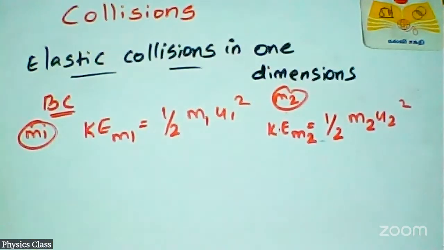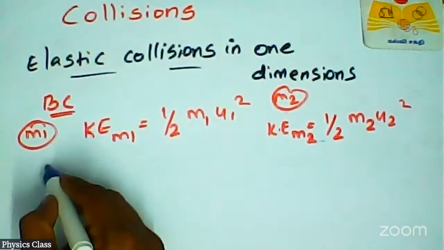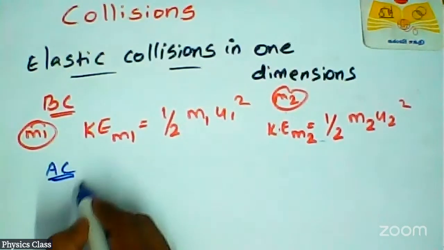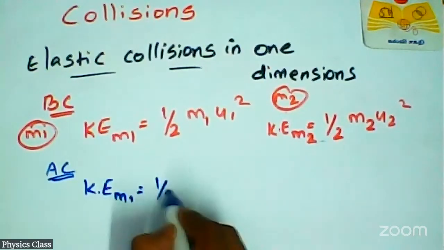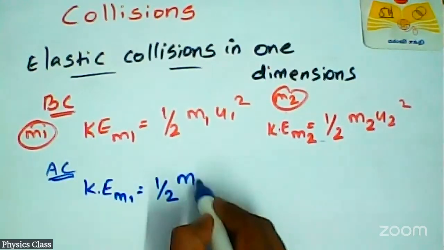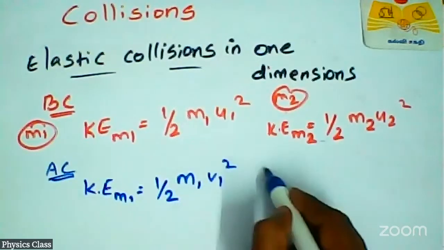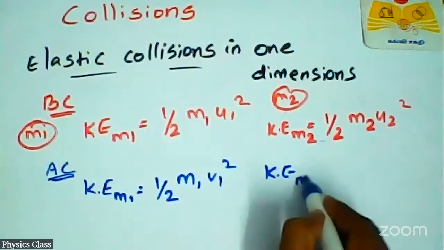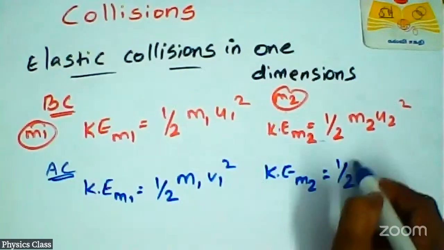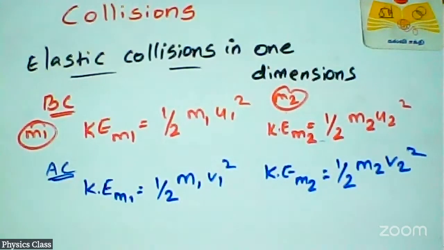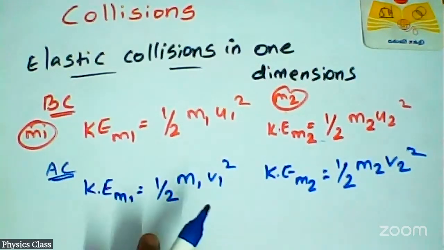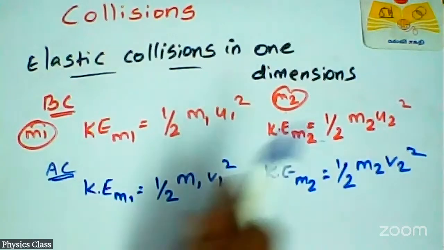After collision, their velocities change, so the kinetic energies change: half m1 v1 squared and half m2 v2 squared. For an elastic collision, these two total kinetic energies will be equal.